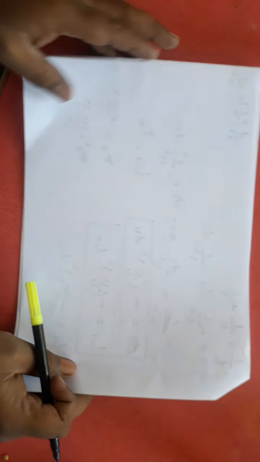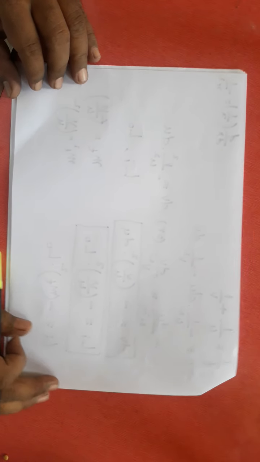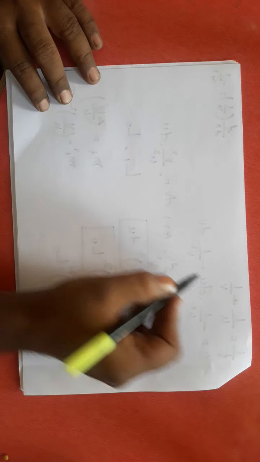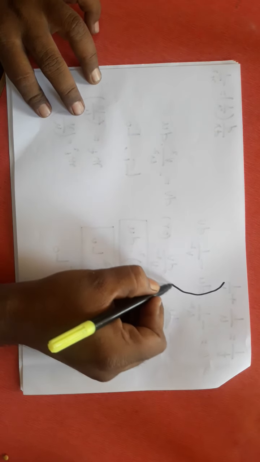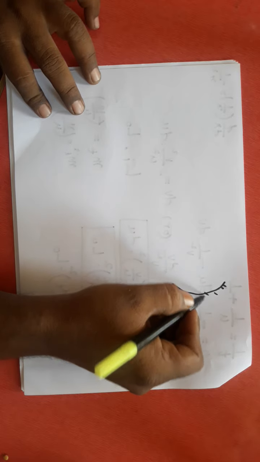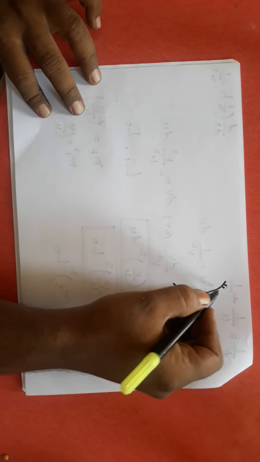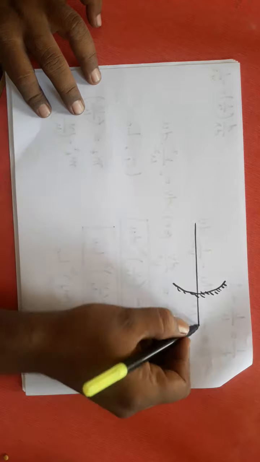Then what about areal magnification? Areal magnification means some object will be kept which has some area, such as a square sheet, or a wire in the form of a square.